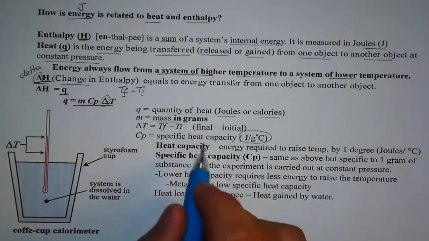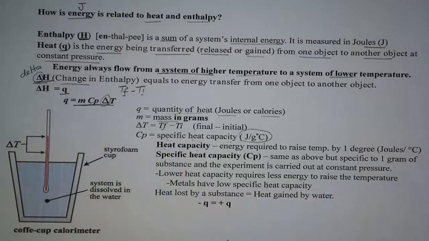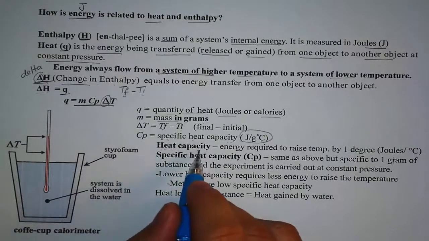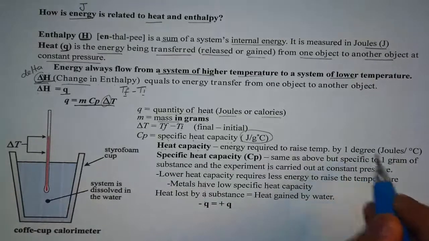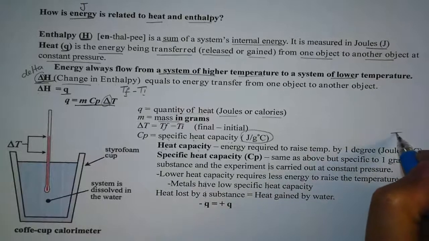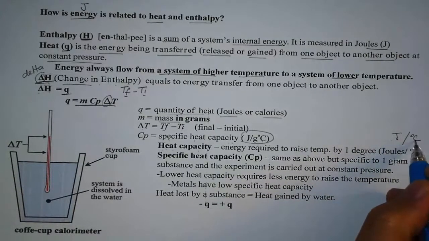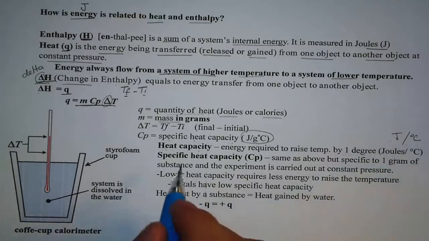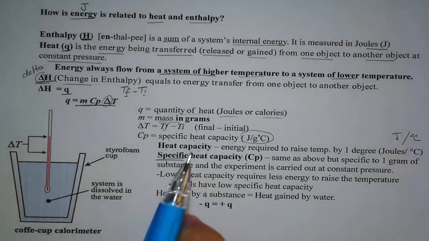So what is heat capacity and how is it different from specific heat capacity? Well, first of all, heat capacity is the energy required to raise the temperature by 1 degree Celsius, okay? So how much energy, that's why we have joules over Celsius. How much energy do I need to raise 1 degree Celsius? Whereas specific, think of the term specific, that's because different substances have different heat capacities.